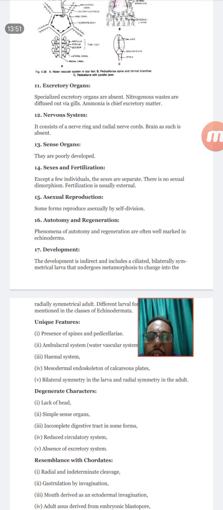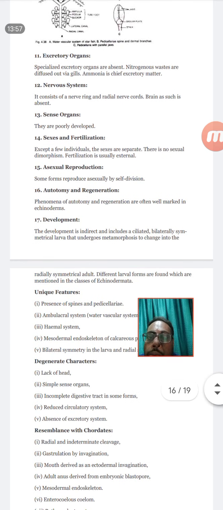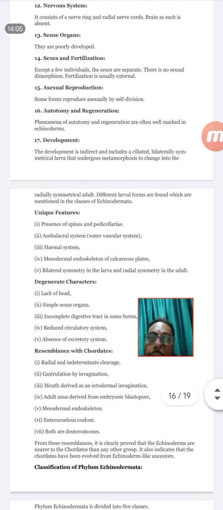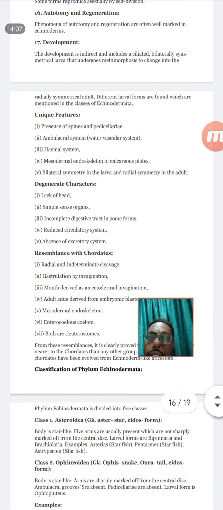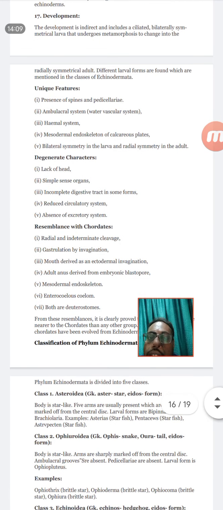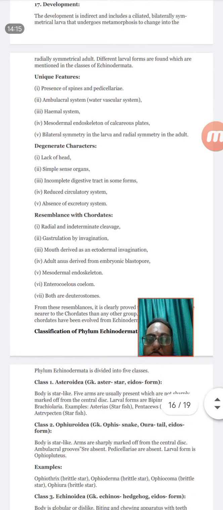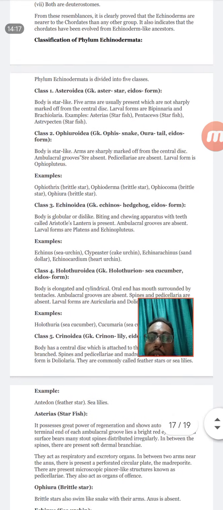Sense organs are not much developed like in arthropods or molluscans. Asexual reproduction occurs, and they have a very good capacity to regenerate. That means if any part of their body is cut off, it can regenerate, and they have very much resemblance with the chordates.